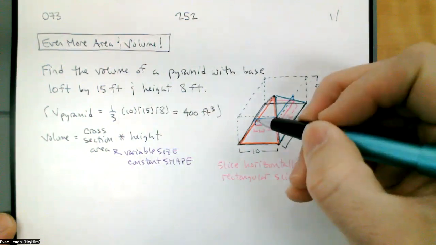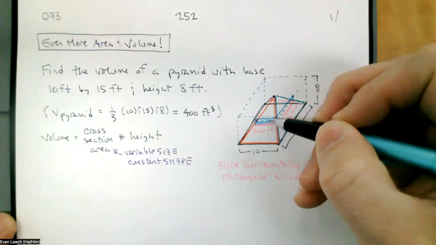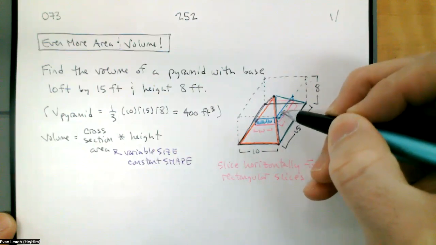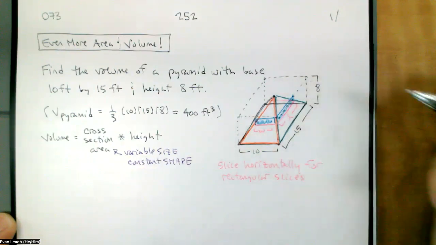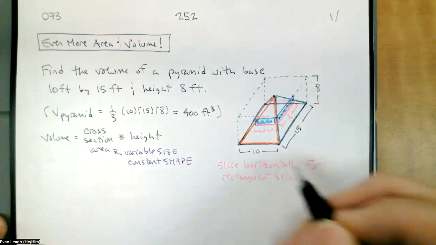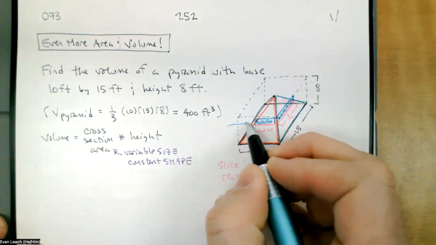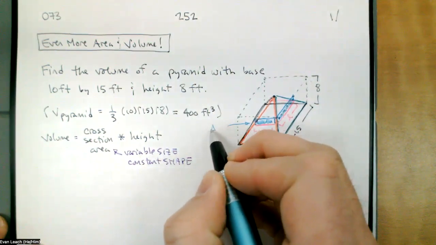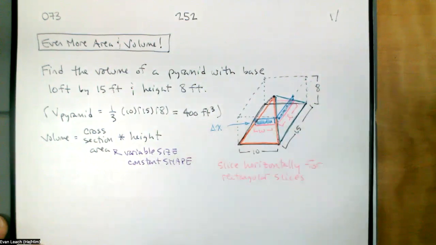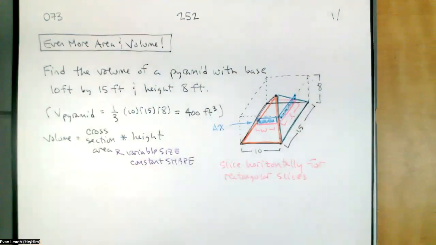The sides are all angled, but I'm going to use this length times width, this area, and I'm going to assume my function, my area, is constant for some small change in height, which I will not call delta H like I did yesterday. I'll call it delta X, even though I'm not using a capital H for the height.